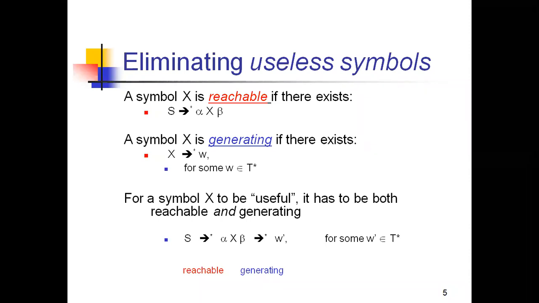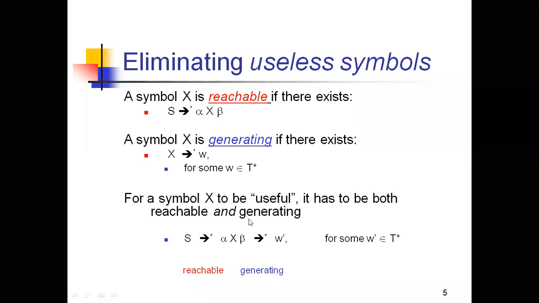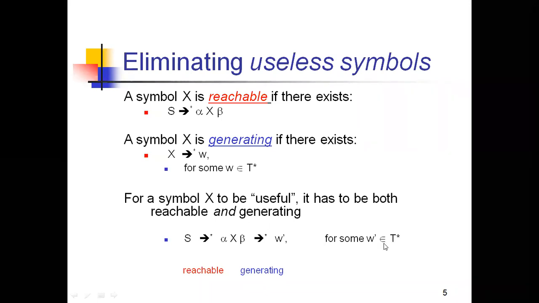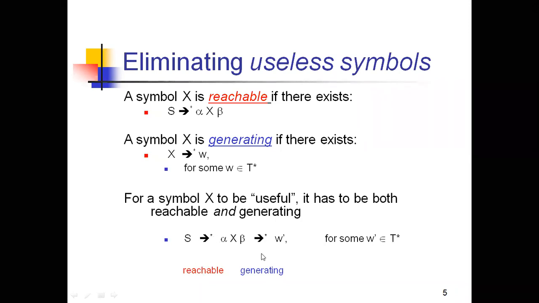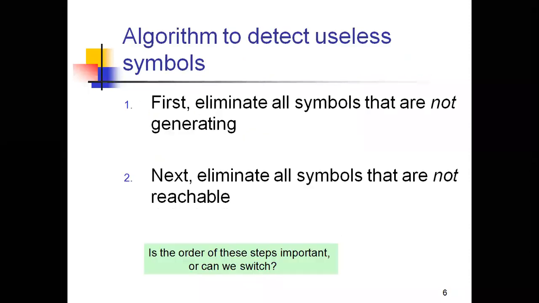What it means is that S tends to alpha x beta, and then x should also tend to a string from which we can generate terminals. Here we are reaching, and here we are generating. That means the variable is reachable and it generates terminals, so we can say it is a useful variable or useful symbol.